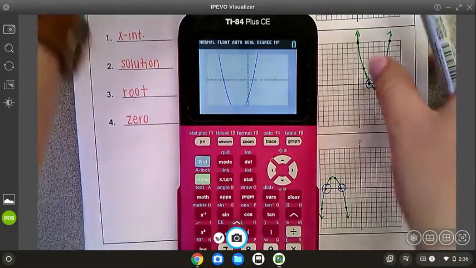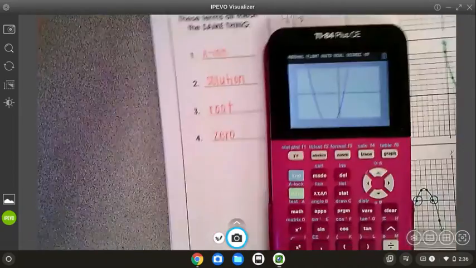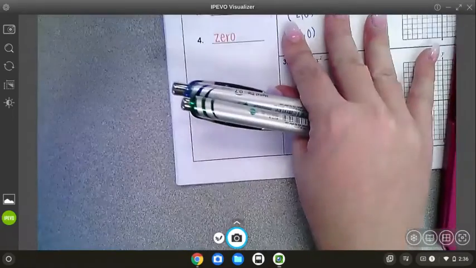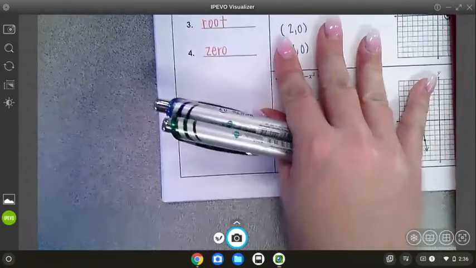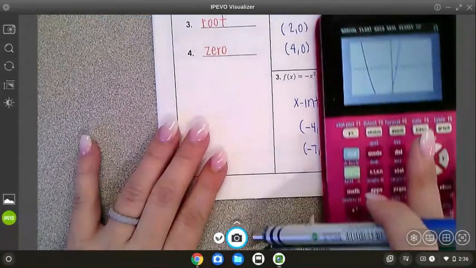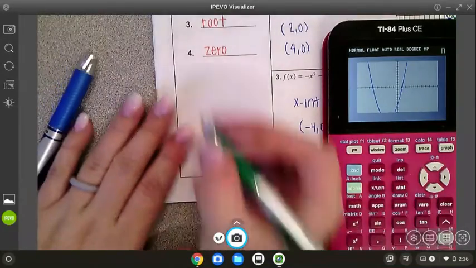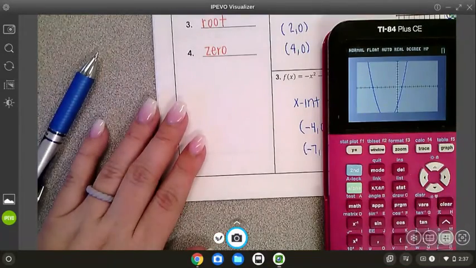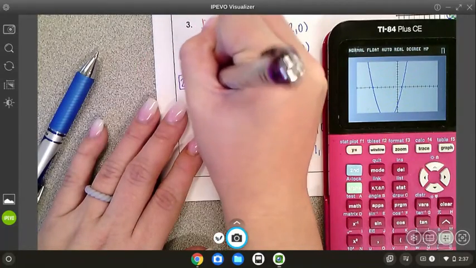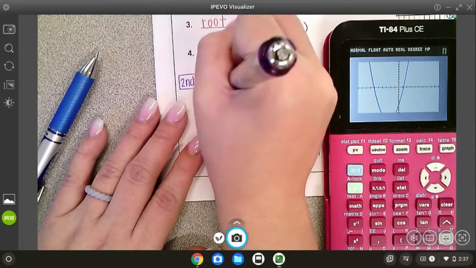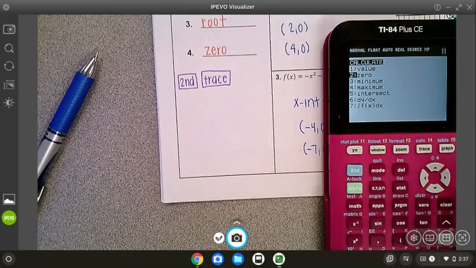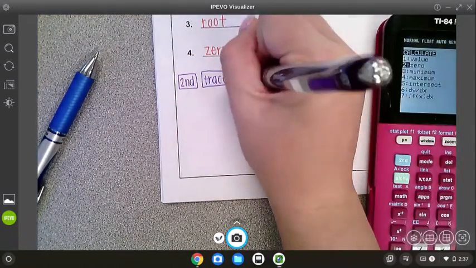So if you have an example like this, I'm going to write down some buttons that you can do in the calculator that's going to help you find the exact decimal for these. So we're going to go to second trace, and we're going to go down to number 2 because that's the 0.